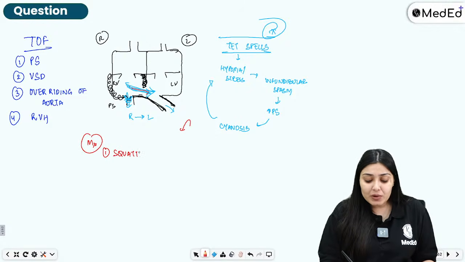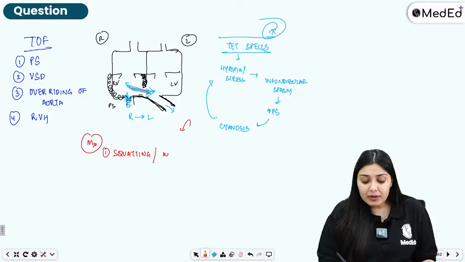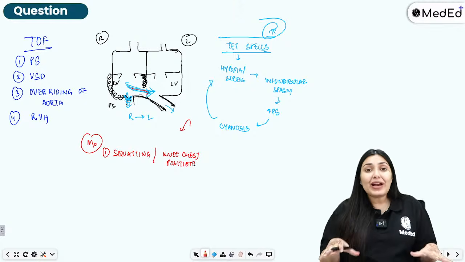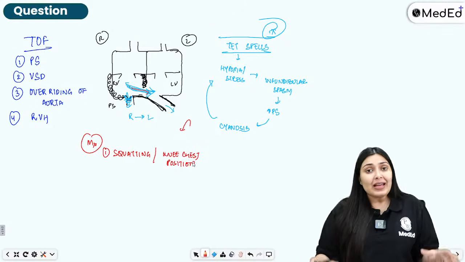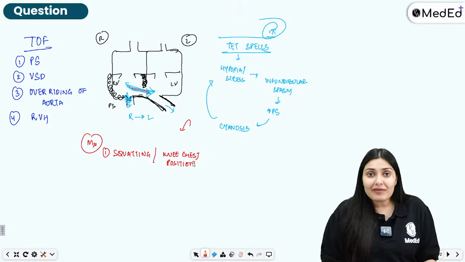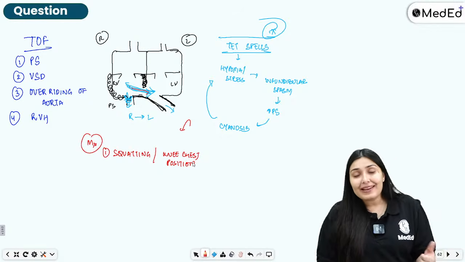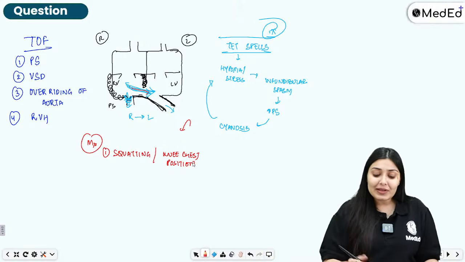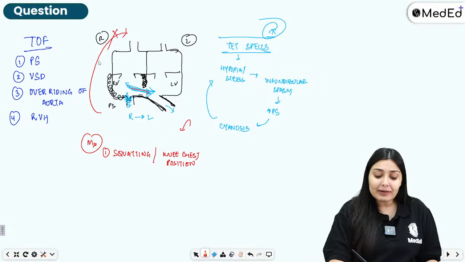What happens in the squatting or knee chest position? There will be compression of the femoral artery and femoral veins. By compression of the femoral vein, there will be decrease in venous return.